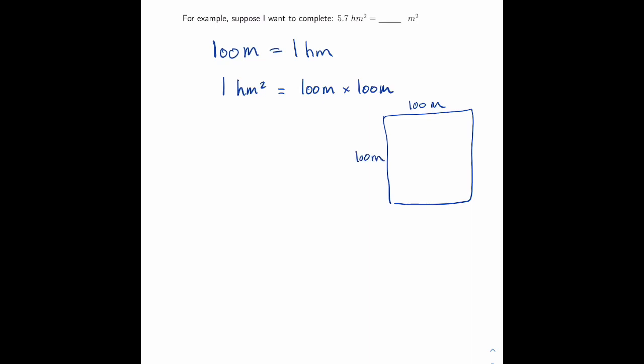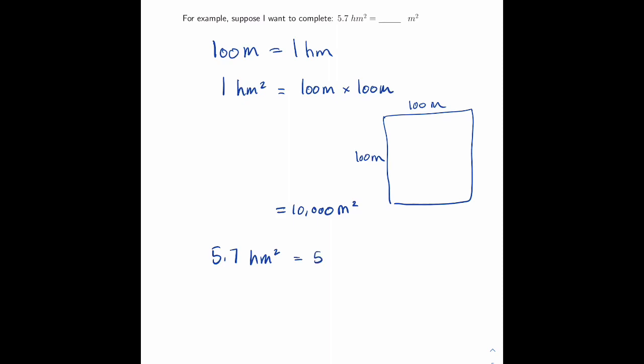And that area is going to be 100 times 100, which is 10,000 square meters. And now, I wasn't asked for 1 square hectometer. I was asked for 5.7 square hectometers.